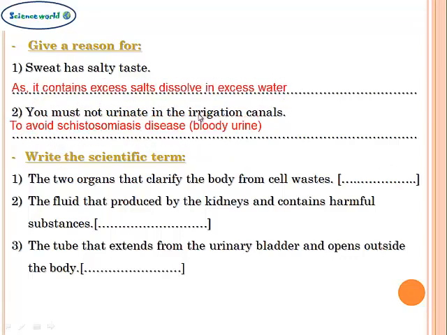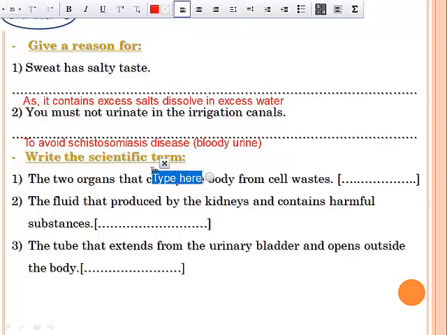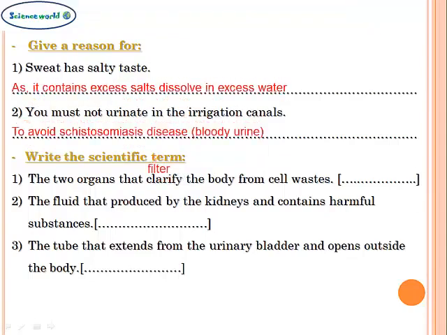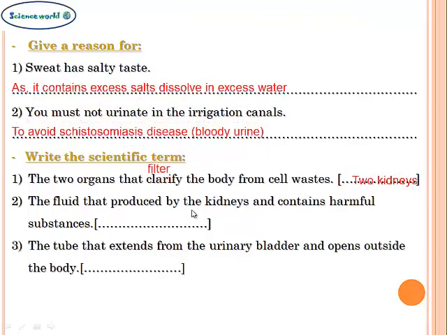Write the scientific term. Number 1, the two organs that clarify the body from cell waste. By the way, clarify means filter. Yes, two kidneys. 2, the fluid that is produced by the kidneys and contains harmful substances.